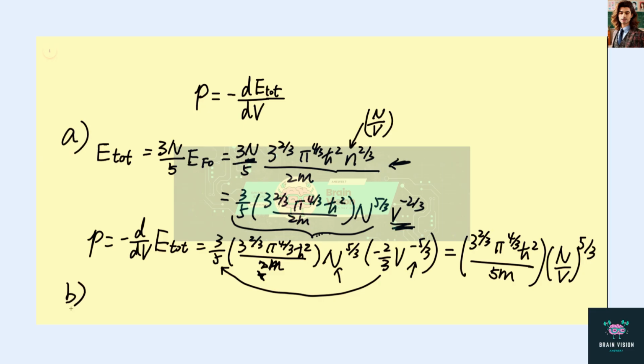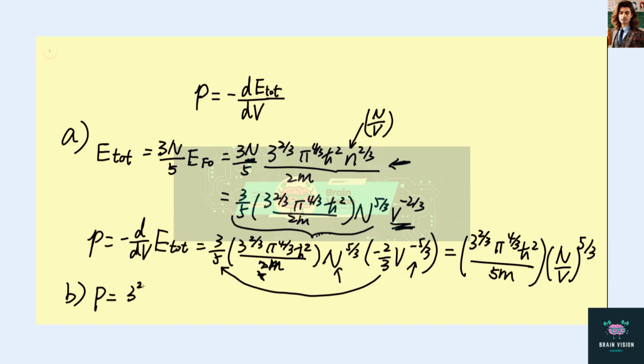For part B, we want to evaluate this pressure for copper, which has a concentration of 8.45, so that's small n, 8.45 times 10 to the 28. Okay, so let's calculate it.